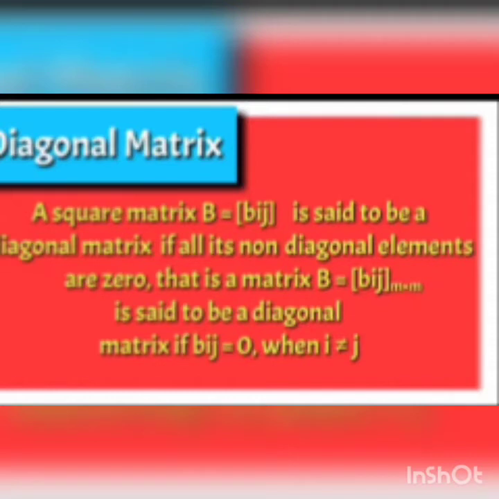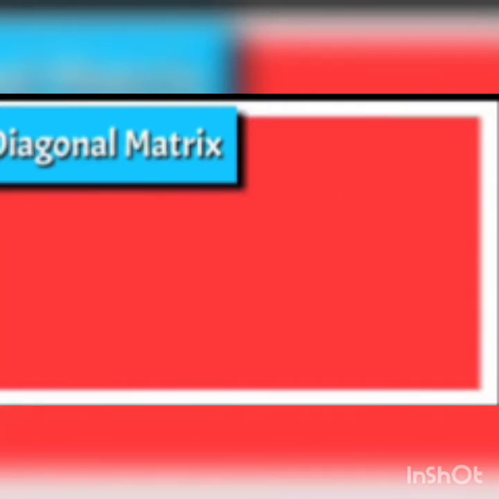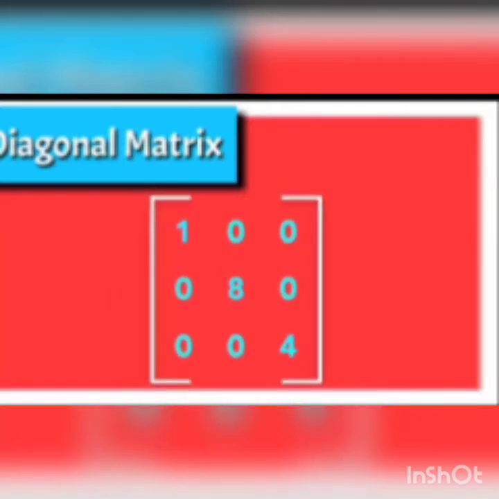That is, a matrix B equal to [bij] of order m cross m is said to be a diagonal matrix if bij is equal to 0 when i is not equal to j. That is, the diagonal elements will not be 0, but the non-diagonal elements will always be 0.